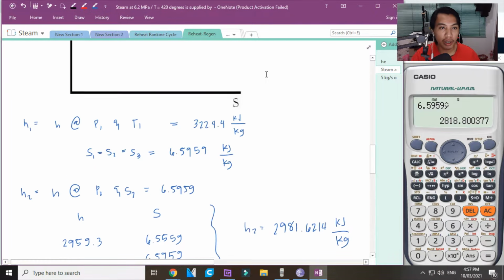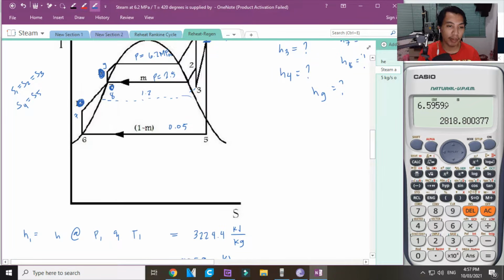Let's look at H5. It falls in the wet region, so you have to check the quality of that steam.